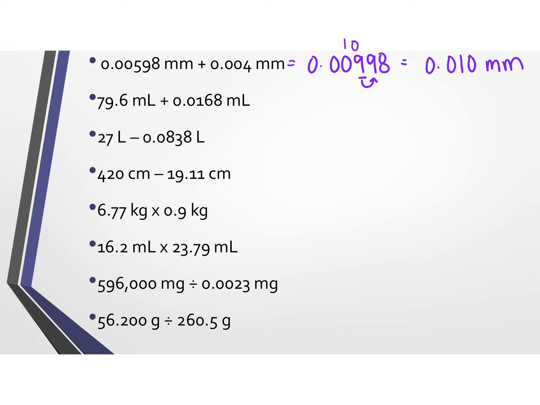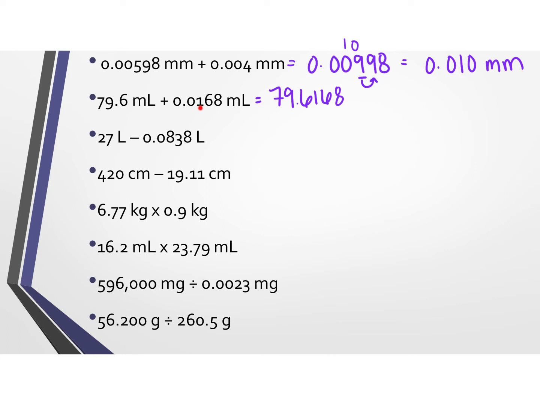Okay, 79.6 plus 0.0168. 79.6168. Okay, we're adding, so are we counting decimals or sig figs? Okay, how many decimals in this one? 1.